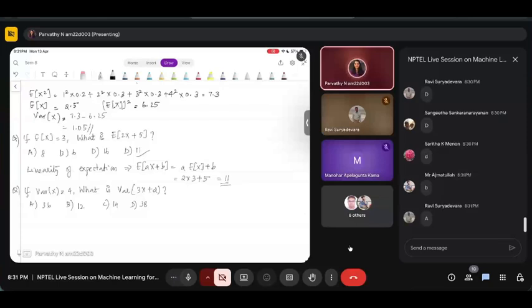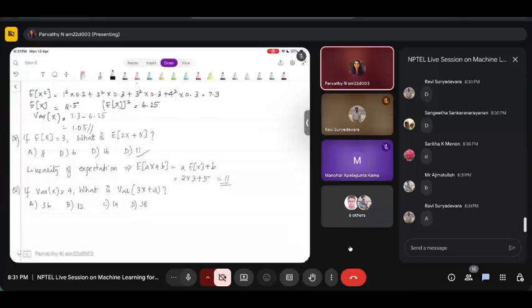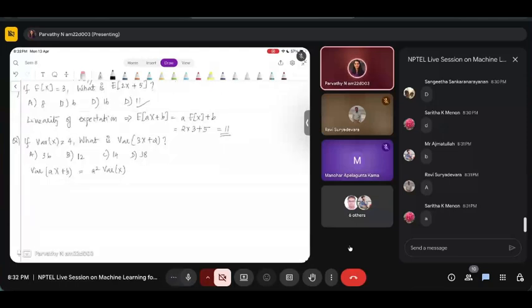So variance of aX plus b is a square times variance of X. b doesn't affect the variance, so it's only a. So that a will be squared. So then here it is variance of 3X plus 2. So that is 3 squared into variance of X, which is 4. So it is 36.